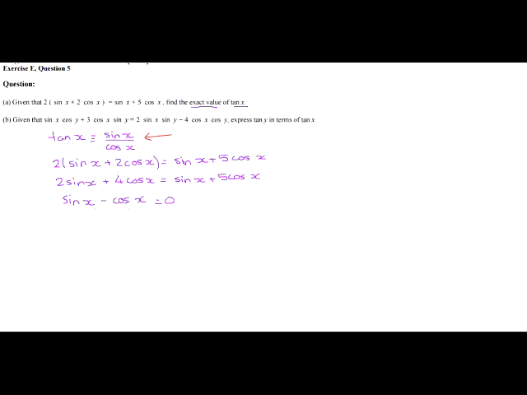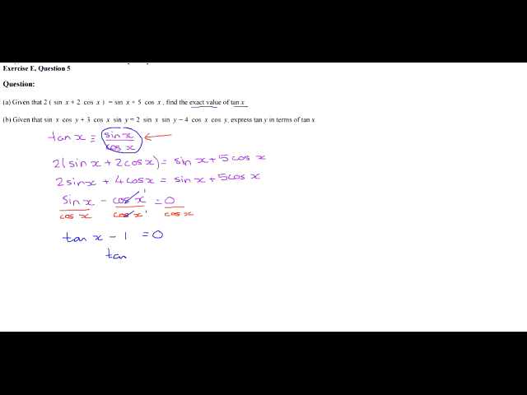So if we think about dividing this whole thing by cos x, that's going to give me tan x, because sine x over cos x is tan x. Cos x divided by cos x, well, that's 1, because they cancel each other out, and that's just going to be 0.